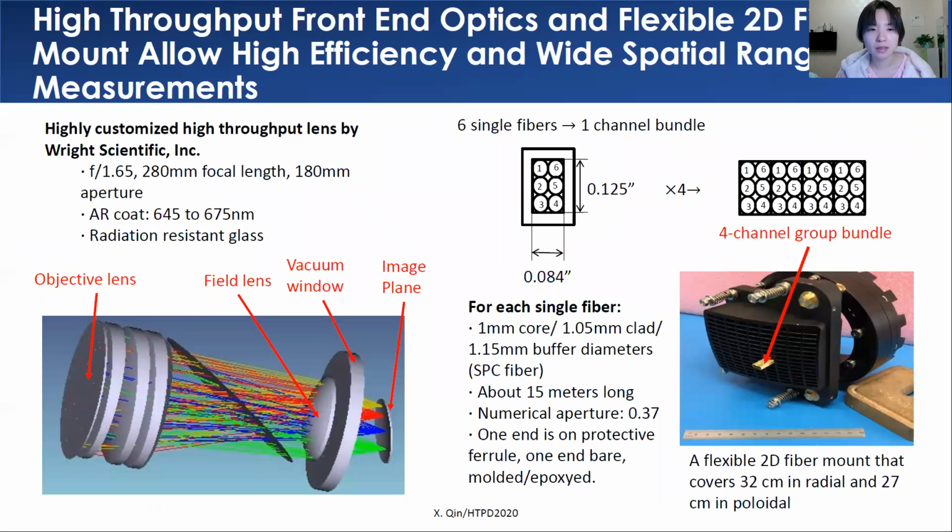The front-end optics is designed with high throughput to minimize the transmission loss. The light is transmitted through a fiber bundle, which can be inserted into a flexible 2D fiber mount that covers 32 centimeter in radial and 27 centimeter in poloidal.